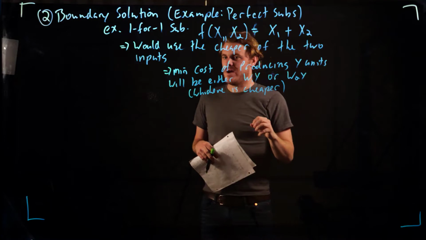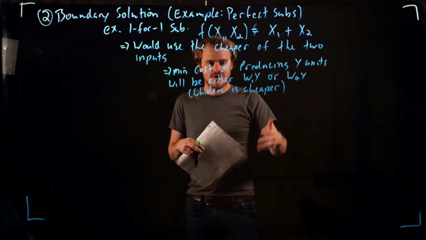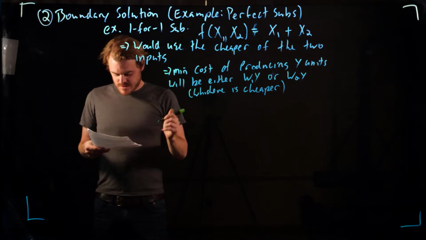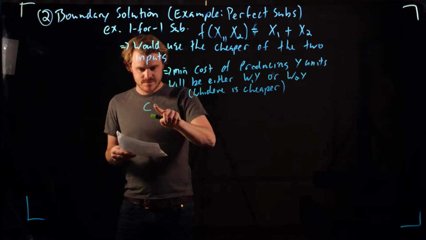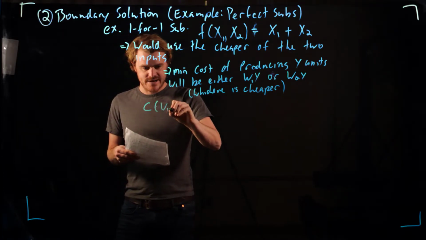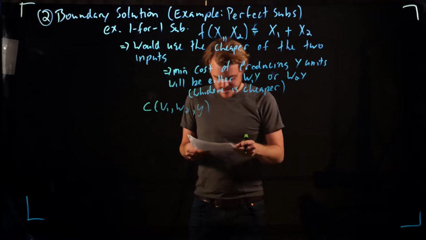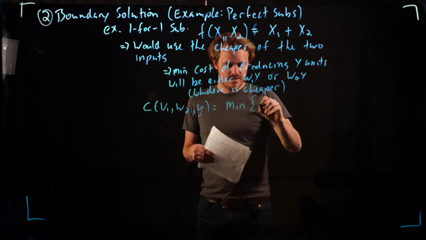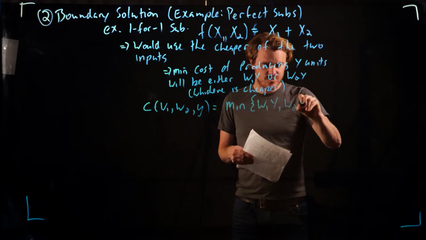So keep that in mind for getting a more general idea of how to solve these. Your cost function here, which is again a function of input prices and how much we're producing, is just going to be equal to the min of W1Y or W2Y.